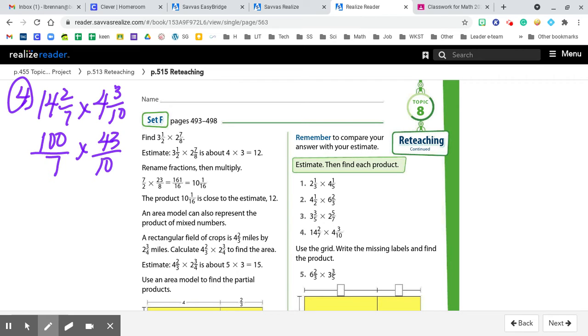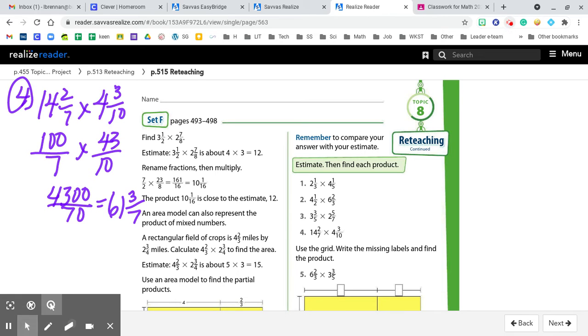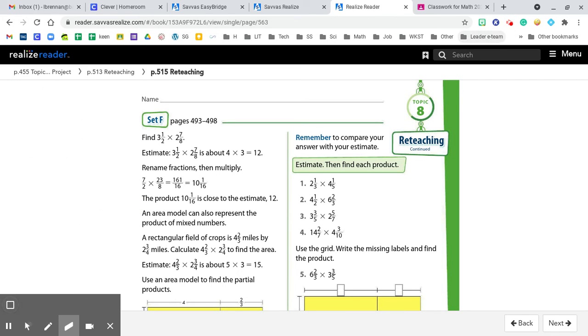So that would be 4300 over 70. So on that one, we're going to have 61 3/7. Yikes. And I won't be putting lots of questions like that on the test.